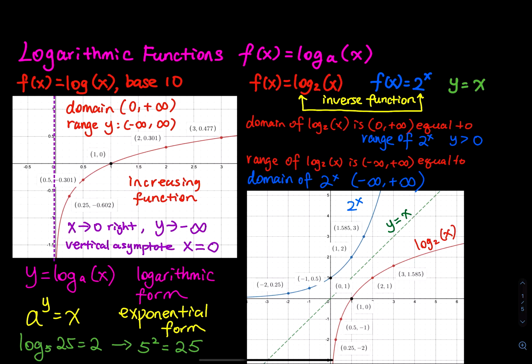And then how do I get those points? To get those points, you have to hit the gear icon, and then you hit the graph icon. Once you hit the graph icon, you can select some x values. In my picture, I selected x equals 0.25, x equals 0.5, x equals 1, x equals 2, and x equals 3.